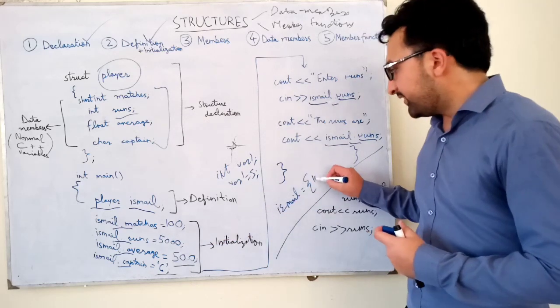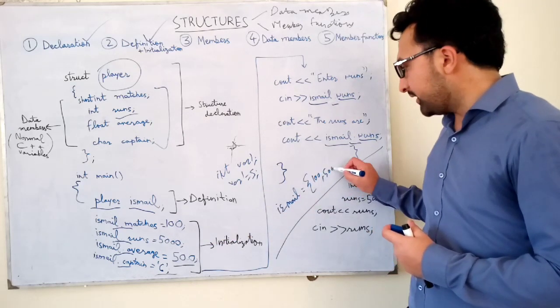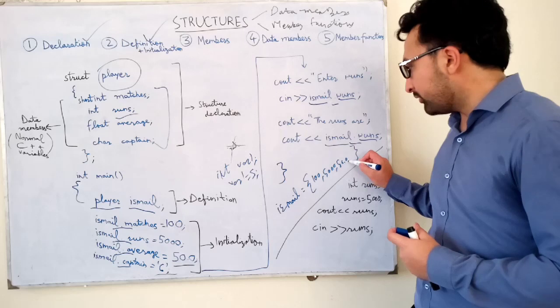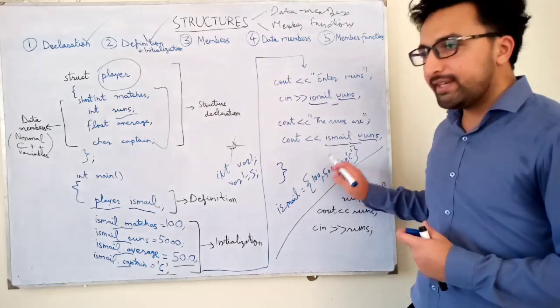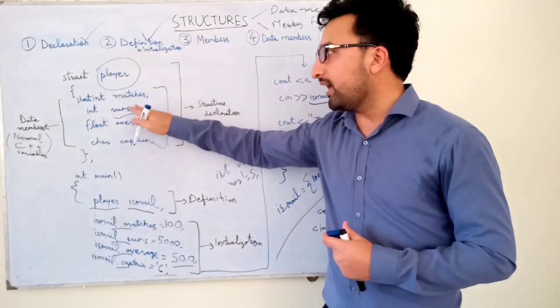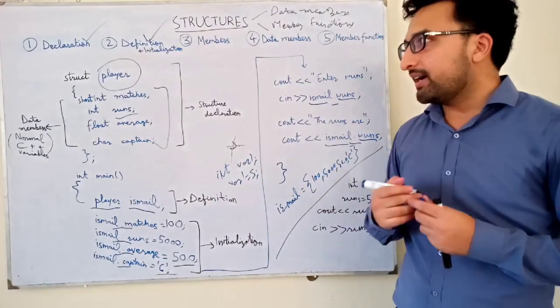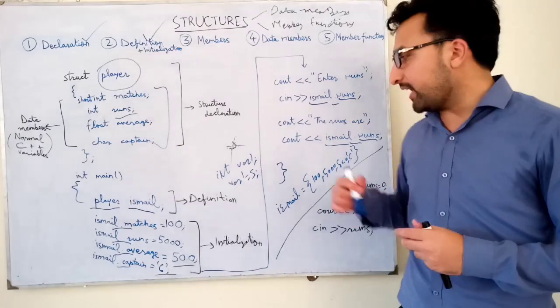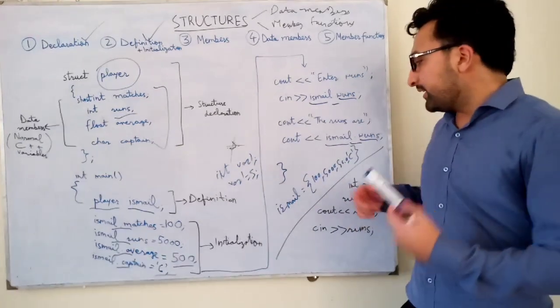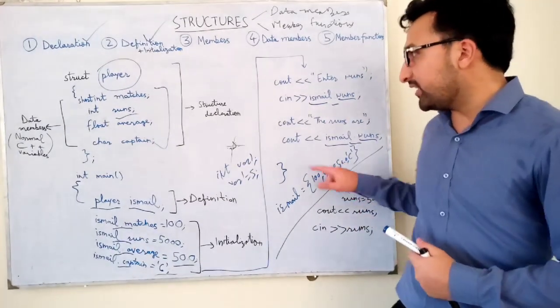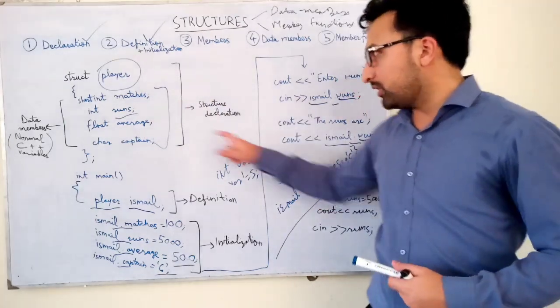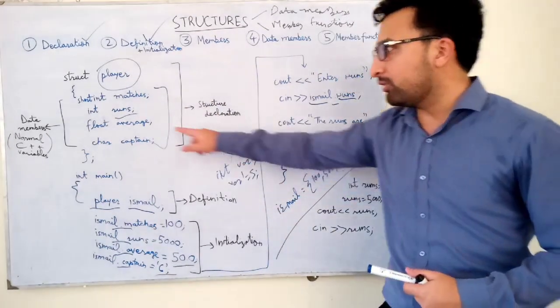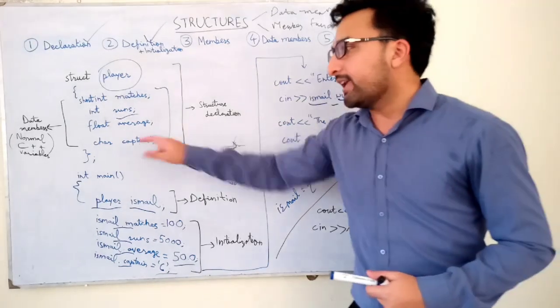For example, 100, 5000, 50.0, C. All these arguments will be received in the same sequence in the variables that are defined inside the structure, as they are passed from here. So 100 will go to matches, 5000 will go to runs, 50.0 will go to average, and C will go to captain.